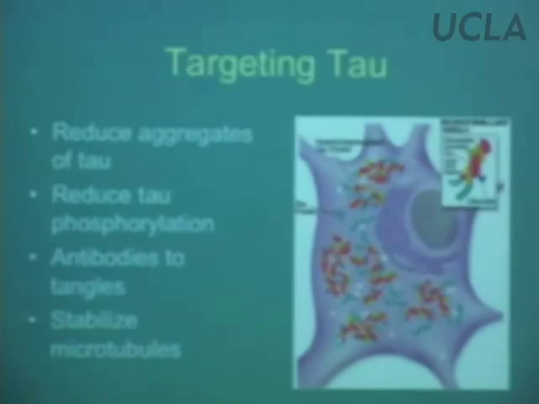Who cares? We really want to target the tangles to save the cells. So reducing the aggregates of tau. Of course, we don't want to eliminate tau because you need microtubules, but maybe we can stop it from aggregating. And there are approaches that are trying to reduce the phosphorylation of tau. Okay, so to stop it from forming these little hyperphosphorylated tangles here.